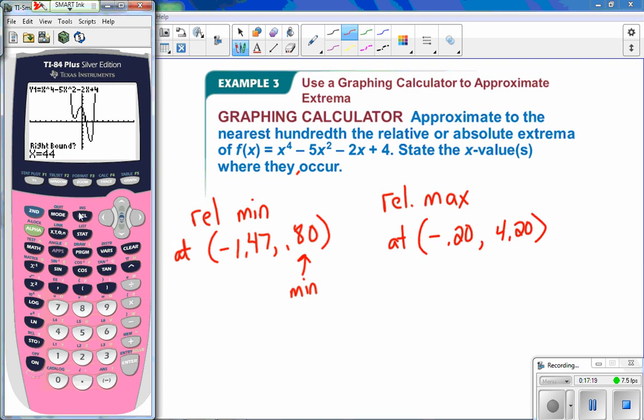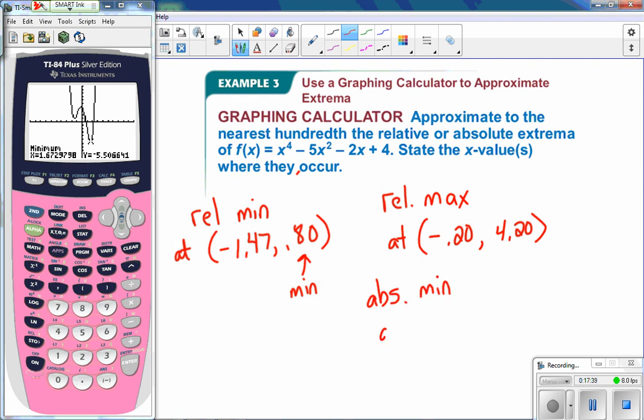And I get a value here. Now this one, remember, is an absolute min, at 1.67, -5.51.